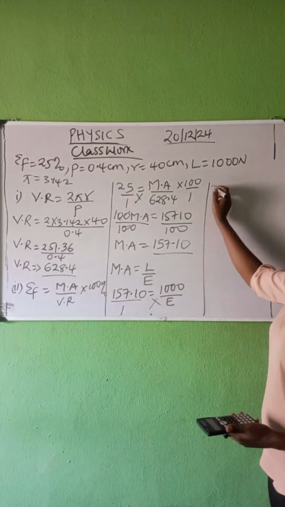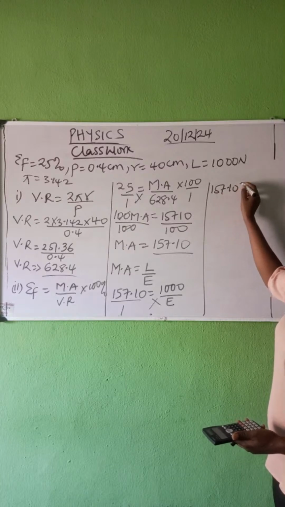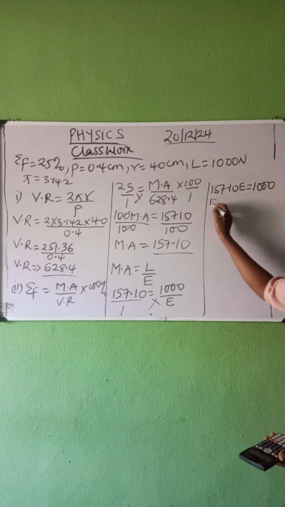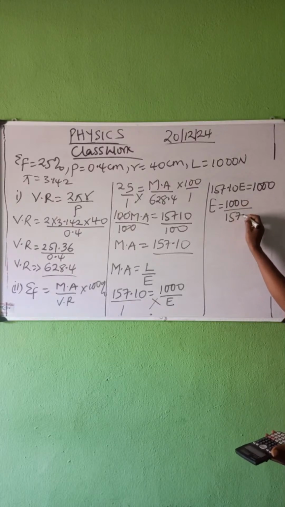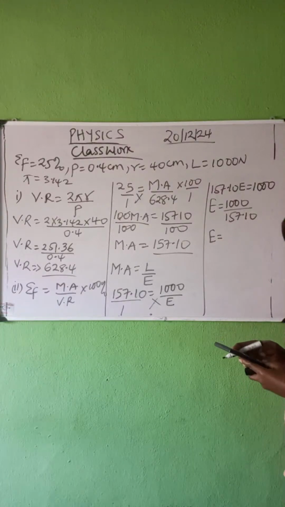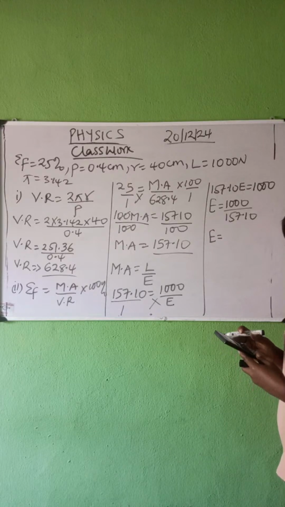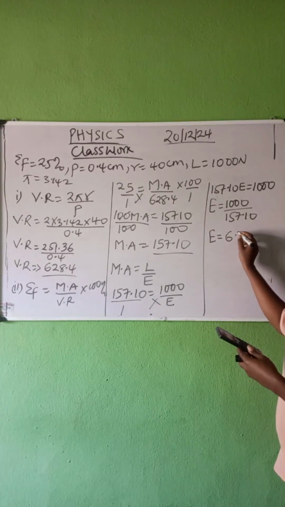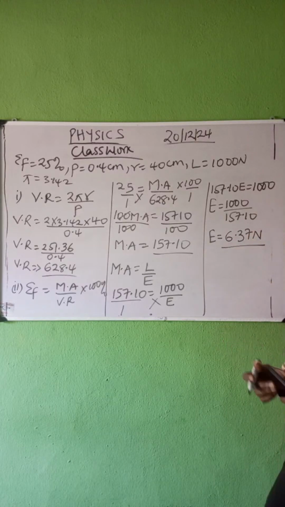So we have that 157.10 E is equal to 1000. Then I'm going to divide both sides by 157.10. Let's work it out. 1000 divided by 157.10, and my answer becomes approximately 6.37 Newton. Is that clear?